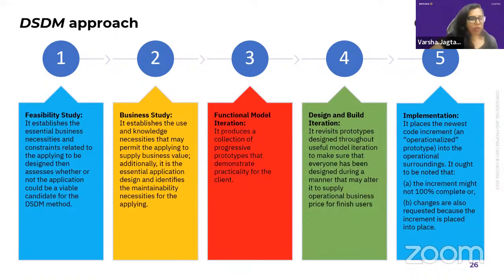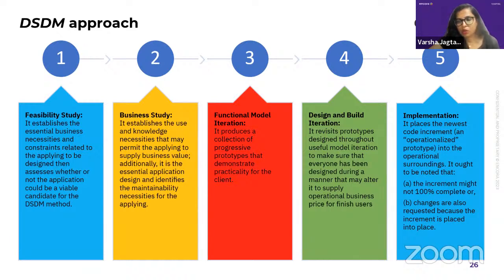In a layman's or a software engineer's language, at that point a Scrum or XP kind of implementation is started, where you are designing, building, and showcasing to the client. Then we have the implementation phase. It places the newest code increment into the operational surrounding.